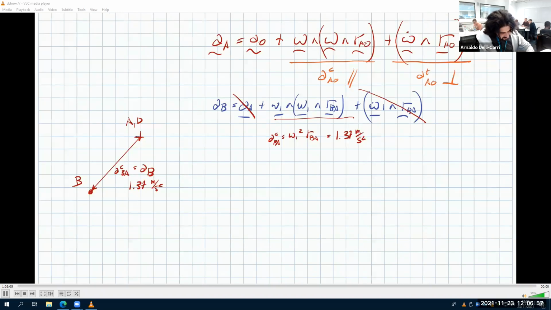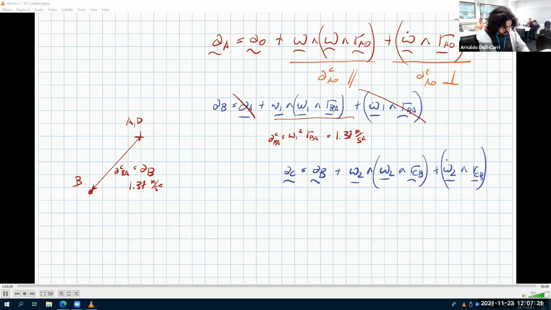Now we find the acceleration of C. The acceleration of C is the acceleration of B plus omega 2 vector omega 2 vector RCB plus omega dot 2 vector RCB. This one is given, we just found it.